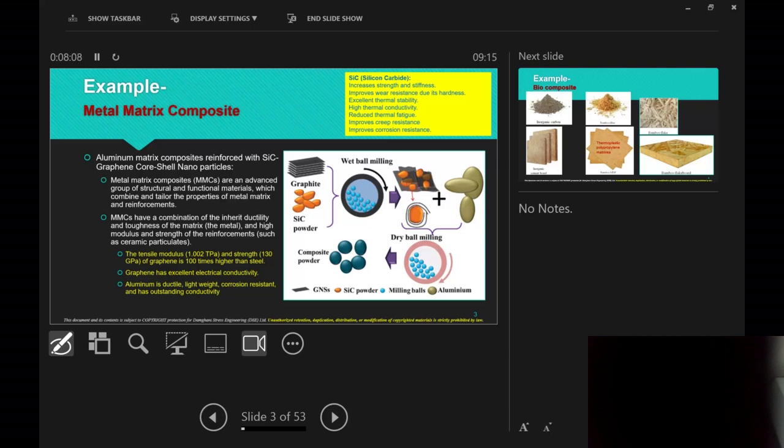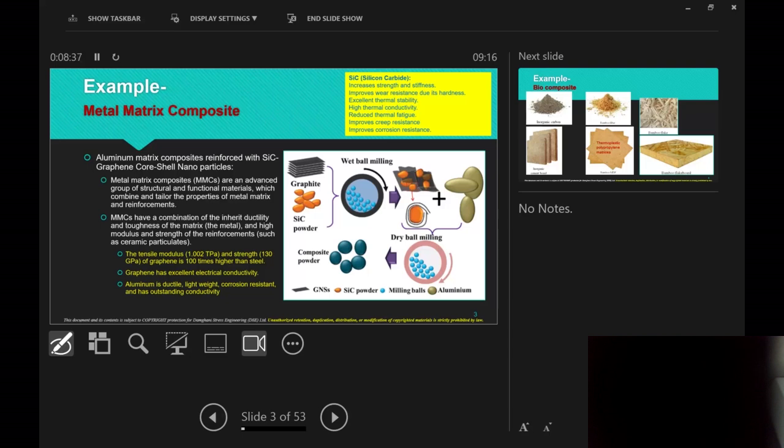The modulus of elasticity of silicon carbide is 1 terapascal. If you compare it with steel, how much is the modulus of elasticity of steel? 200. So it's considerably higher, right? Also, the strength of silicon carbide is 130 gigapascal.